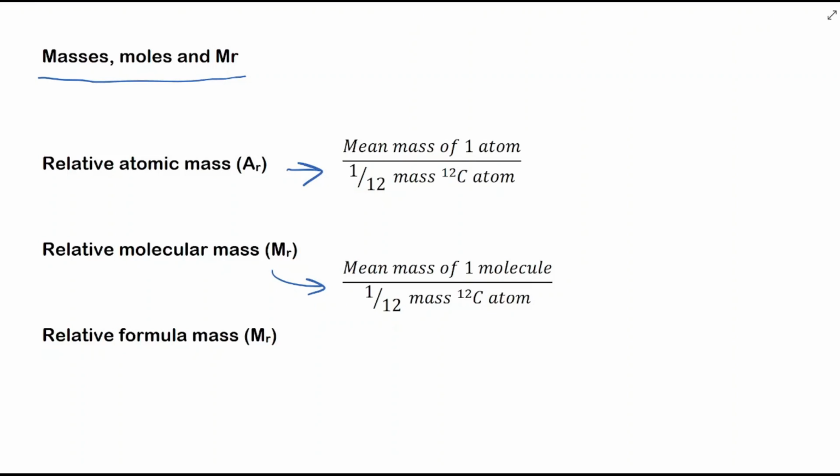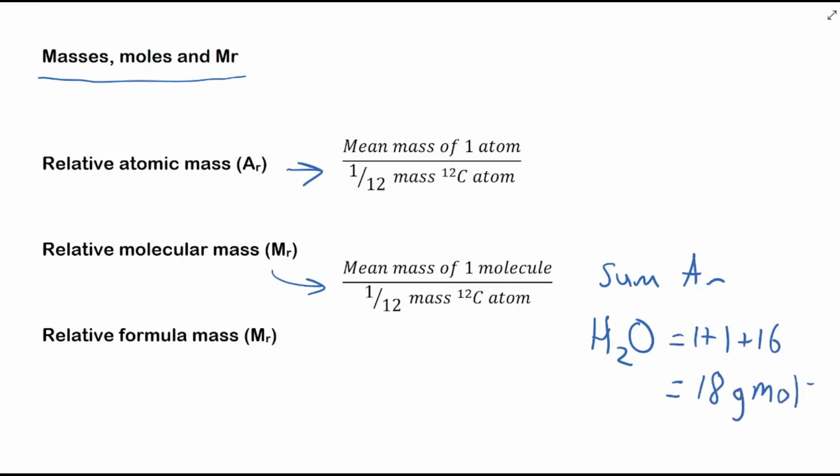Now, you may also think of the relative molecular mass as the sum of the relative atomic masses of the elements in a compound. So it wouldn't be particularly unusual for you to think of the relative molecular mass of H2O as 1 plus 1 plus 16, and 18 grams per mole.